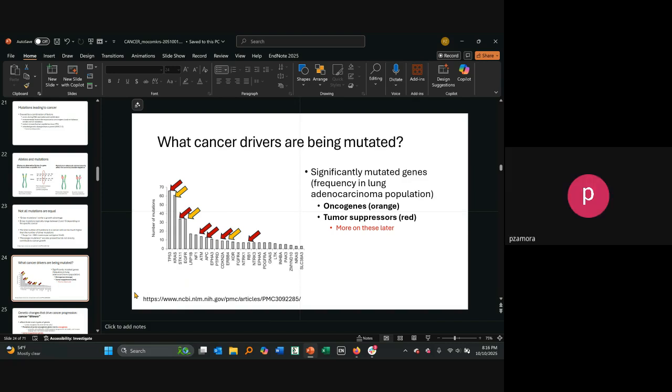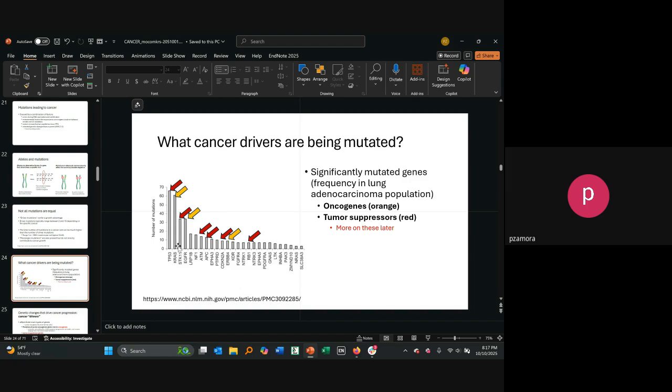So we talked about cancer drivers. Well, what's actually being mutated here? What is being specifically mutated that are being cancer drivers are oncogenes and tumor suppressors, which I told you we'd get back to. So this is just a graphic that illustrates the frequency of tumor suppressors across a population of lung cancer adenocarcinomas.